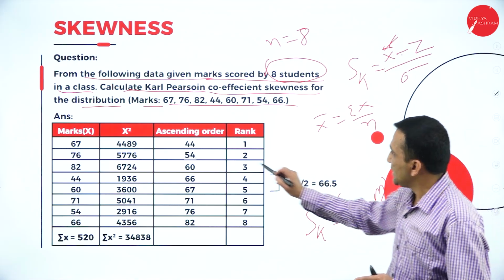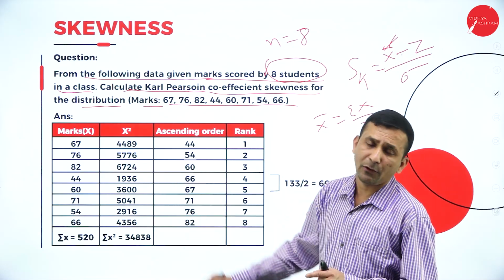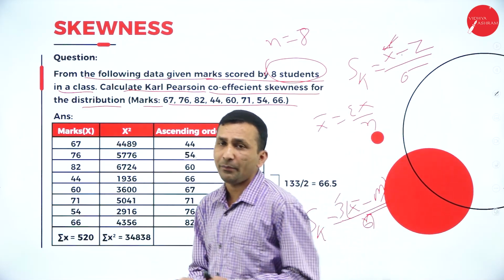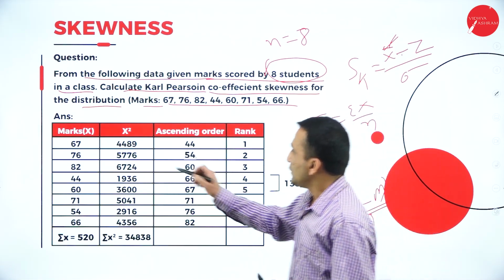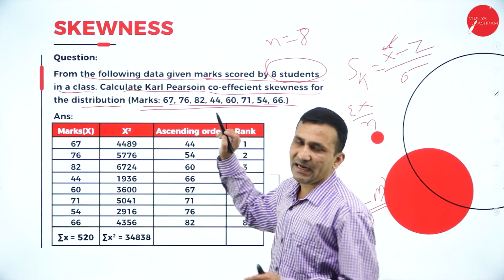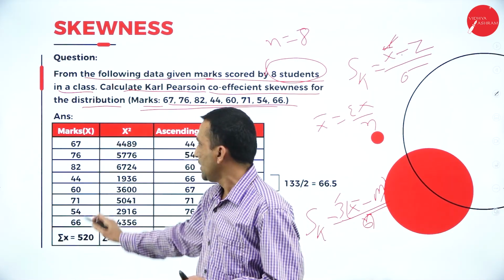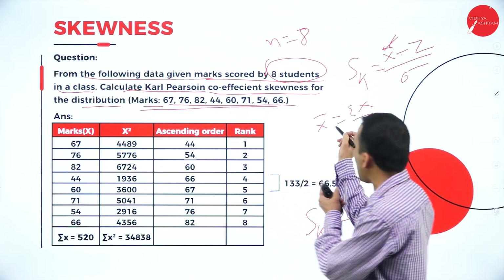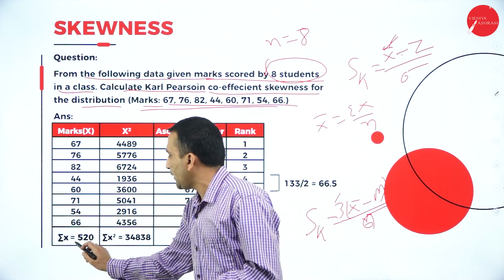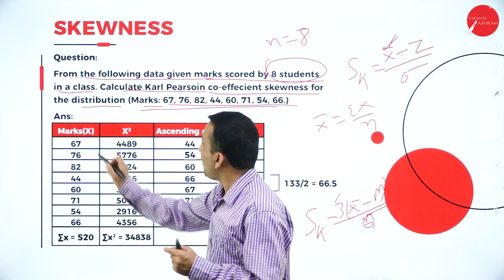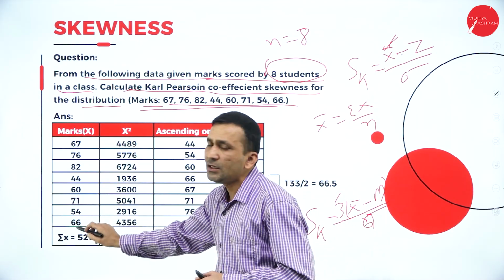The mode is not able to be identified, so it is an ill-defined problem. Whatever horizontal data is given, I am treating it as the x series. According to the x bar formula, sigma x divided by n, the total is 520. The number of items is clearly specified as 8 students.